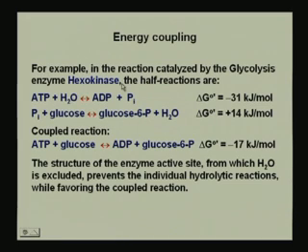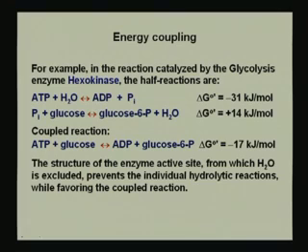Hexokinase, a kinase is a transferase enzyme that transfers a phosphate group. Okay? It does not usually get the name, it is a transferase, but a kinase is a specific type of transferase that transfers the phosphate group.